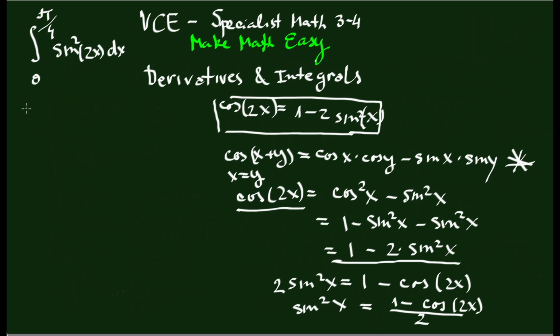So that becomes an integral of, I take 1/2 in front, because you know that with integrals you can split them into two, 1 minus cosine of 4x dx.